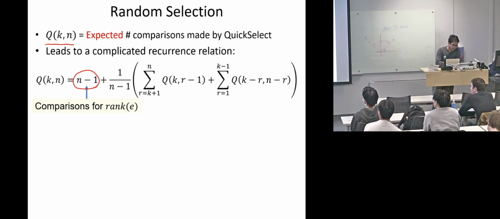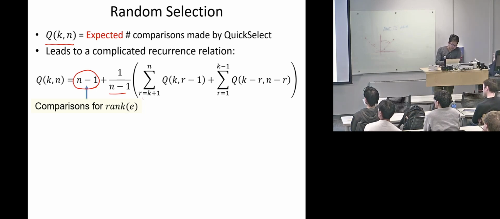Otherwise, there are n-1 other events that can happen. That is, the rank of E can be in n-1 other places. So what you need to do is average over those n-1 other events here.